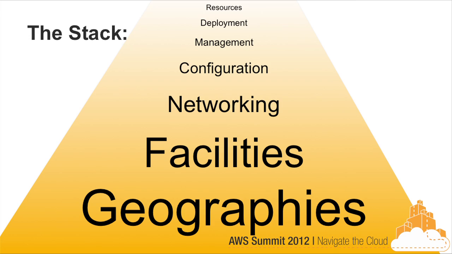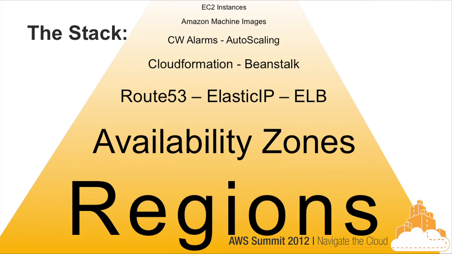So we know that there are opportunities for failure at every one of the layers in the stack. There's a geographical disruption, an earthquake, a flood, a tsunami, and there are problems up through individual facilities, the networking, the configuration of your systems, the management of those configurations, the deployment of that management and configuration, and the actual resources themselves. We've built fault-tolerant pieces at each of the layers of the stack.